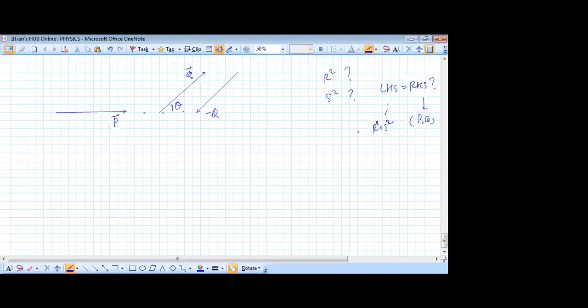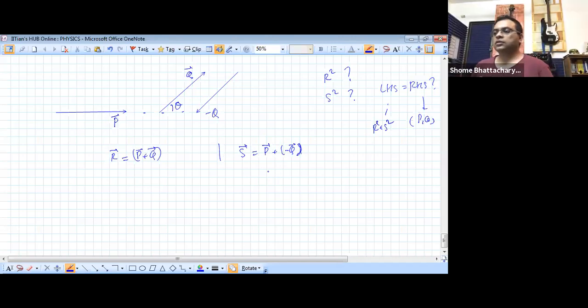So how do I find the relation between R, P and Q? By using this. And how do I find the relation between S, P and Q? It is this. So I need to work this out. So that is where the triangle thing comes in. Okay, so to prove this, you need to understand that when you are doing P plus Q, R is the third side of this triangle.